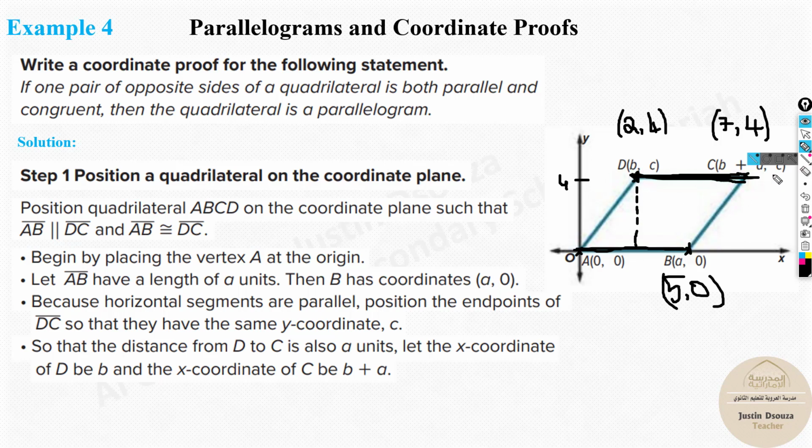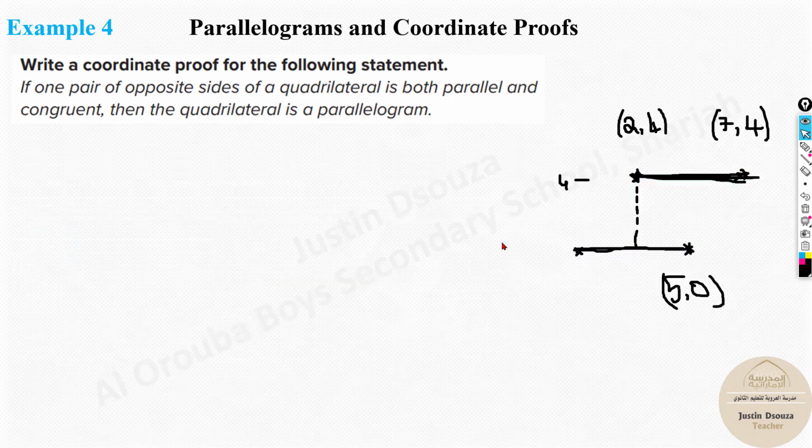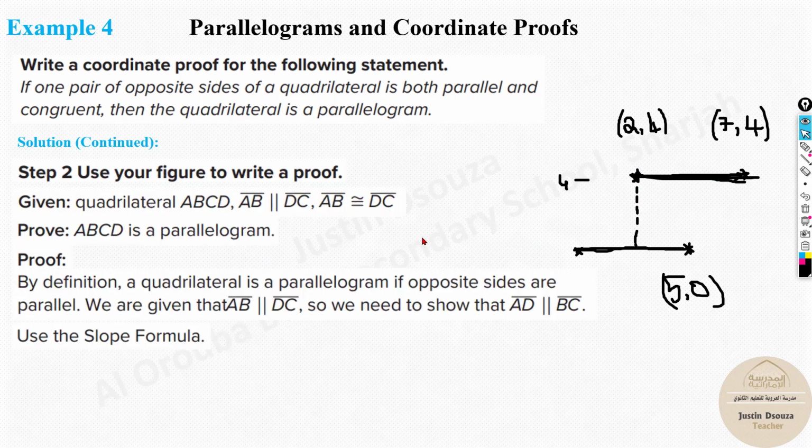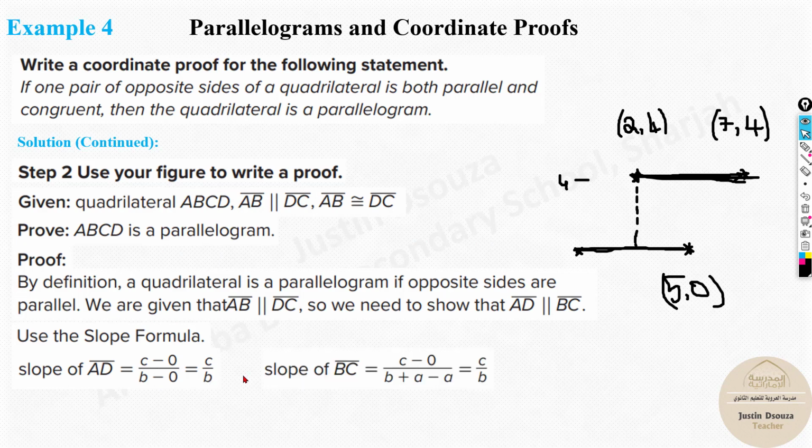Now what you can do is find the slope between this point and this point, and this point and this point. What if the slope is the same? If the slopes of both are the same, then we can conclude they are parallel. Why? Because if the slopes are the same, they are parallel lines. In different ways you can prove it, but I'll just do it over here.